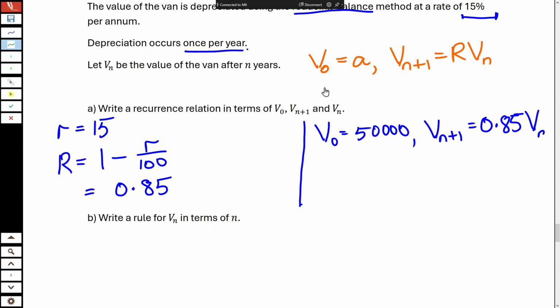Okay. Evan? This is my recurrence relation here. I want to turn this into a rule. Okay, great. This is a starting point. Orange is the recurrence relation. Green is the rule. If I have the rule, then I don't have to go forward in time until a really large number.